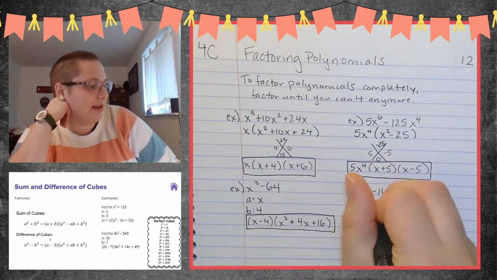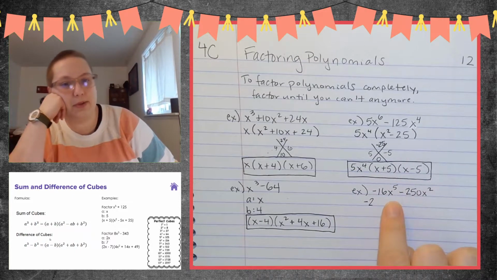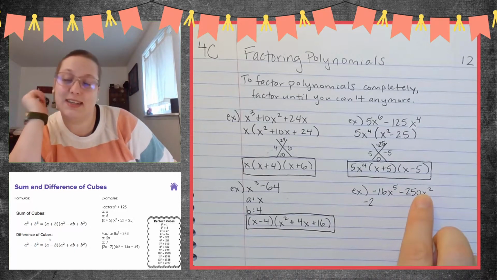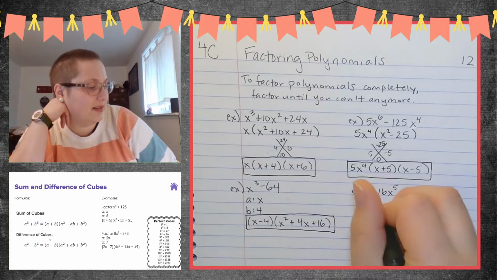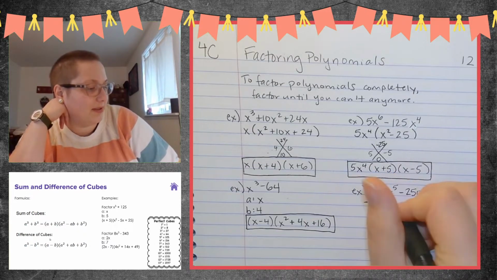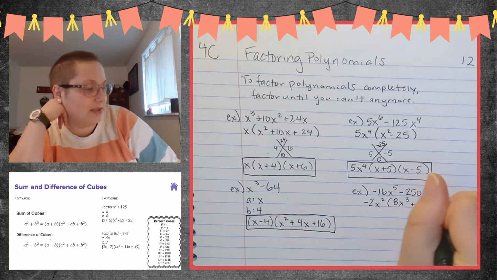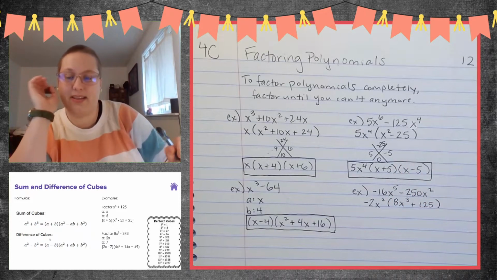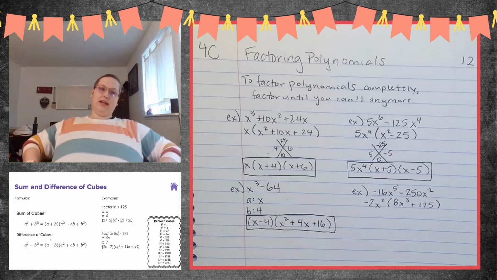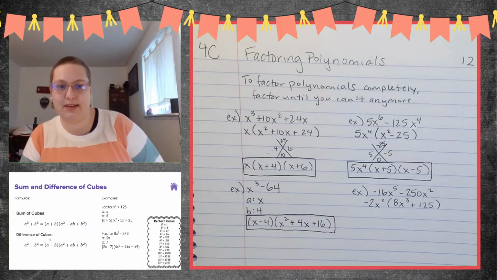So we're going to take out a negative 2 because I noticed that negatives are in both. And I'm going to take out an x squared because there's an x squared on the end here. All right, what am I left with? That's 8x to the 3rd plus 125 with no x on the end there. Okay, great. So let's do the same thing as before.